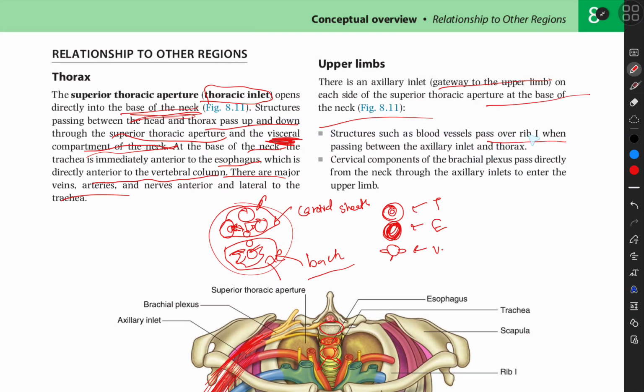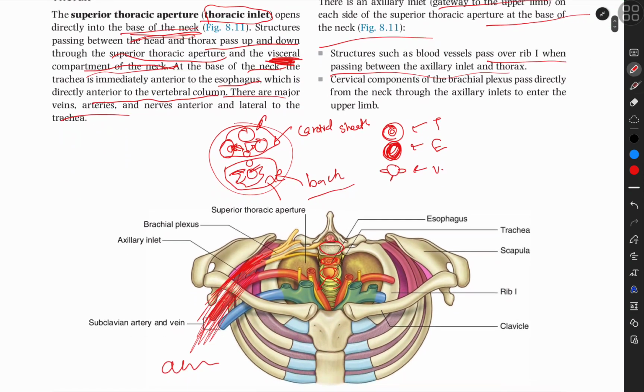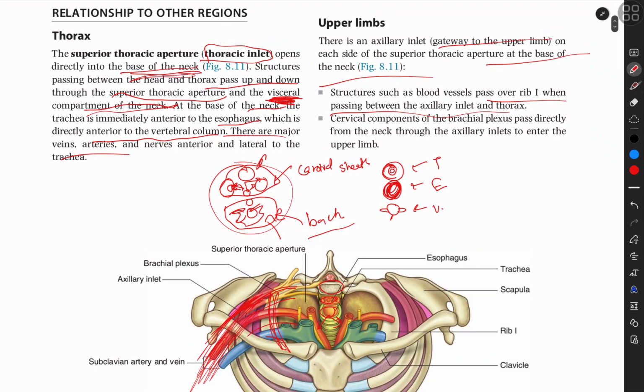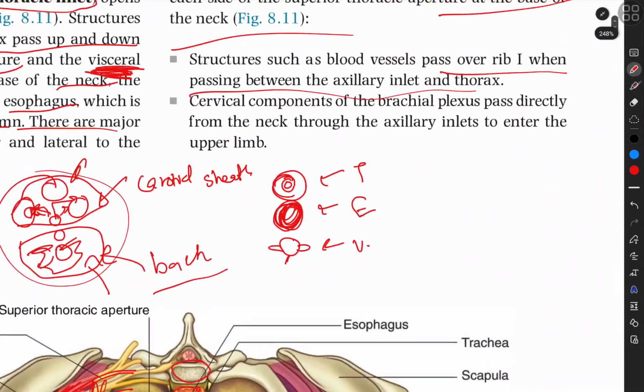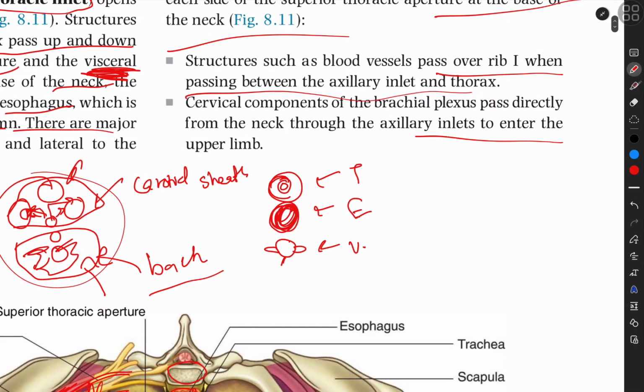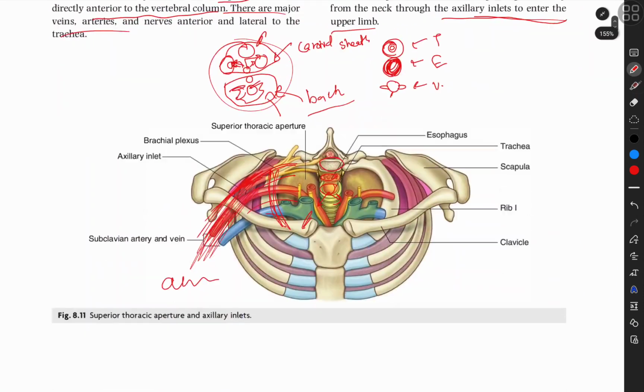Structures such as blood vessels pass over rib 1 when passing between the axillary inlet and the thorax. So this is rib 1, and structures are passing over it, but under the clavicle, as you can see. Cervical components of the brachial plexus pass directly from the neck through the axillary inlets to enter the upper limb.